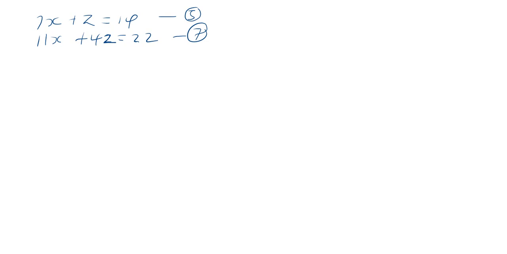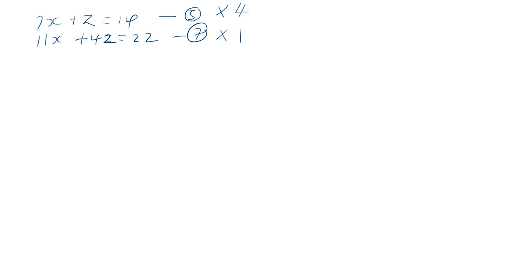To eliminate z, I'll have to make the value of z to be equal in both equations. So to make the value of z to be equal, as you can see in 5, I can multiply by 4, and in 7, I can ignore it or either say I multiply by 1, which has no effect.